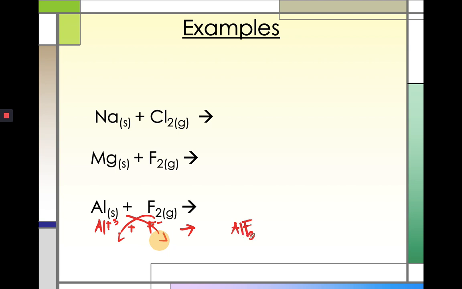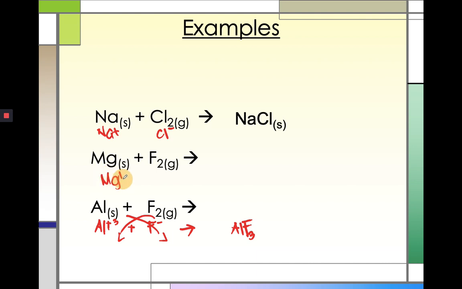Alright, AlF3. So the same principle goes with the reaction between sodium and the chlorine gas. So in here, we end up with NaCl, since the ions that are involved are Na plus and Cl minus. So crisscross, disregard the sign, you get NaCl solid. The same thing in Mg.